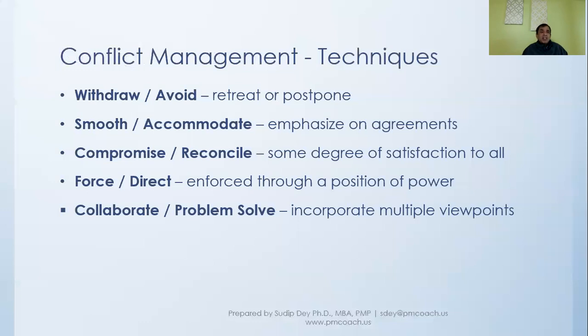Having said that, it is important for us as project managers to ensure that we resolve this in a constructive manner and are fair to all the parties involved. At the same time, we should not delay resolving these conflicts, because if we delay, it can affect the project. So we have to keep that in mind.